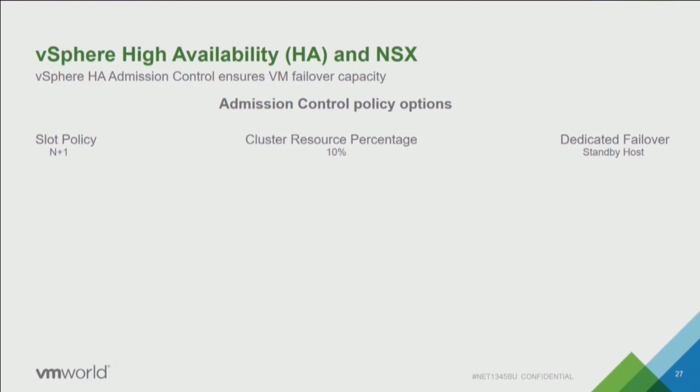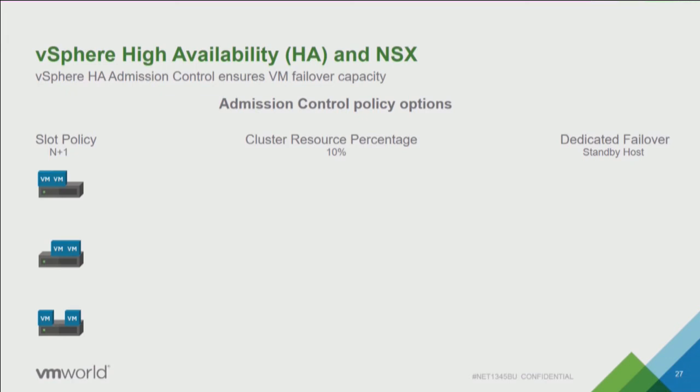So we have a couple of different ways that we can set this up. The first is called the slot policy, and we can configure this in N+1, N+2, or however many hosts you want for redundancy. With the slot policy, you can manually edit, or you can go with the default of slots, which are basically buckets of CPU and memory.